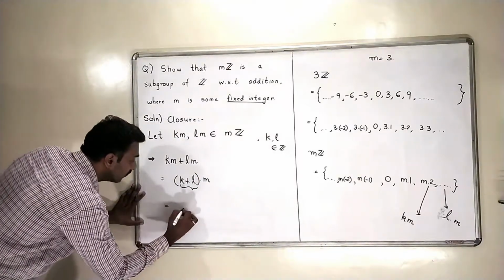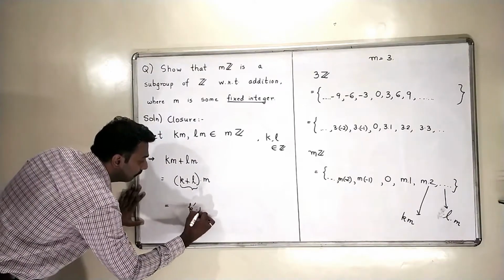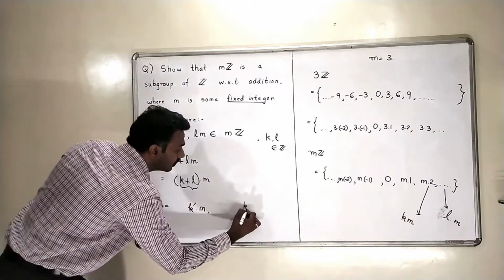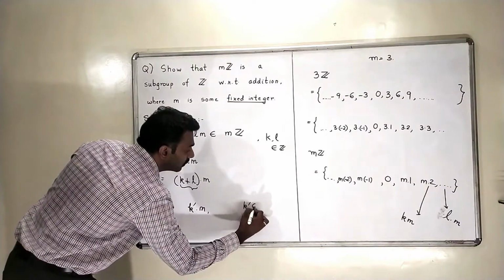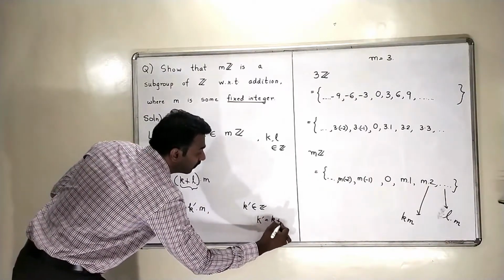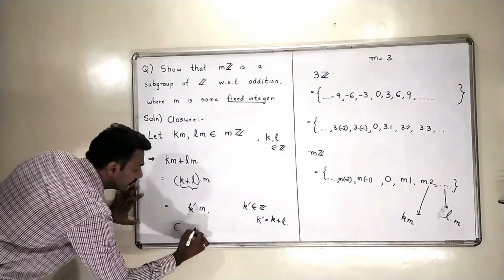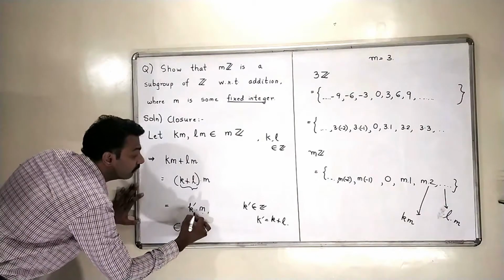So this will look like some k dash times m. Then what is k dash? K dash is also an integer, where k dash is actually equal to k plus l. So this means this is also something multiplied by m.